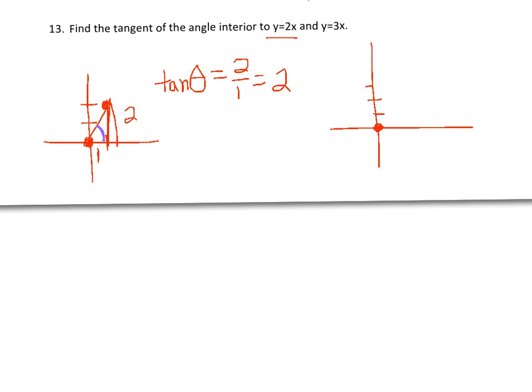We'll go up 3 over 1. So we want to do our triangle, and we know that the sides of our triangle are 3 and 1. We don't need to bother finding the hypotenuse because we're doing the tangent of our angle. We'll just call this angle phi to keep it separate from theta. So the tangent of phi, opposite over adjacent, 3 over 1, equals 3.